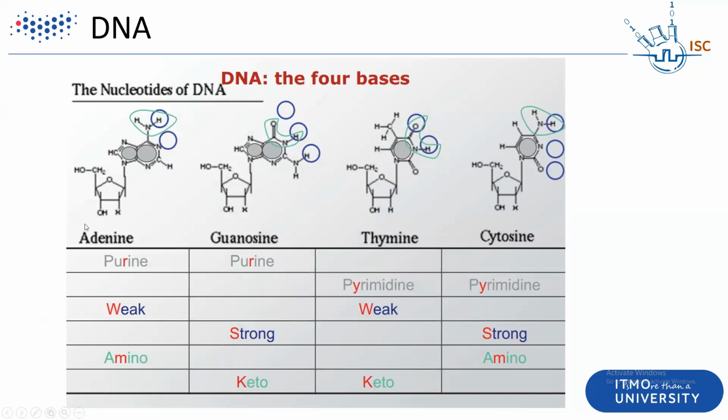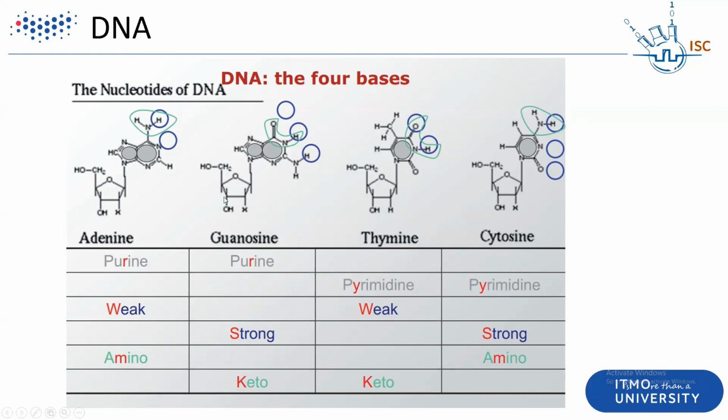And we also have different bondings shown here, purine, pyrimidine here. Some are weak, some are strong, as shown here.